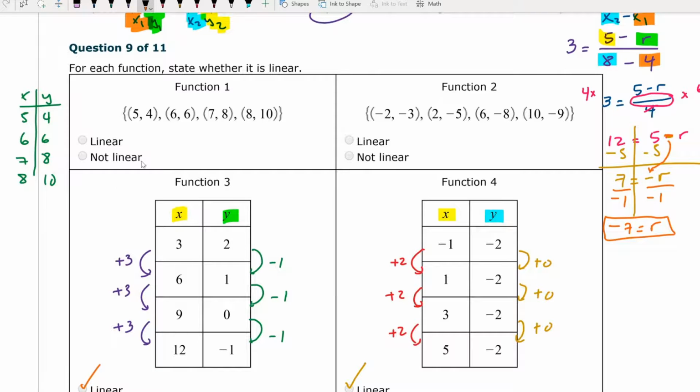Okay, do exactly the same thing like the last two problems. 5 to 6, 6 to 7, 7 to 8 is increasing by 1. 4 to 6 increasing by 2, 6 to 8 increasing by 2, and 8 to 10 is increasing by 2. So yes, it is linear. Okay, they follow the same pattern.